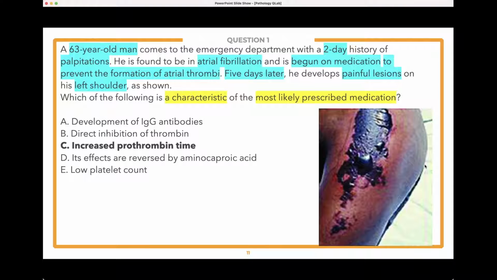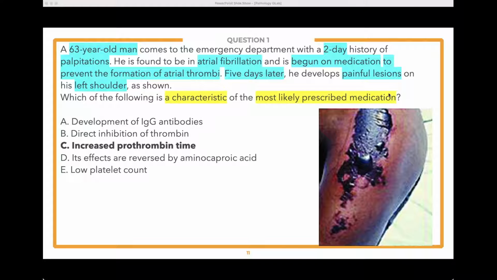Okay, and that's because the skin is dying. And that's because there's necrosis, and that necrosis is because there are thrombi in the skin, in the blood vessels of the skin. So even though he was started on an anticoagulant, he is in a procoagulant state within a few days. One of the medications we know that does that is warfarin.